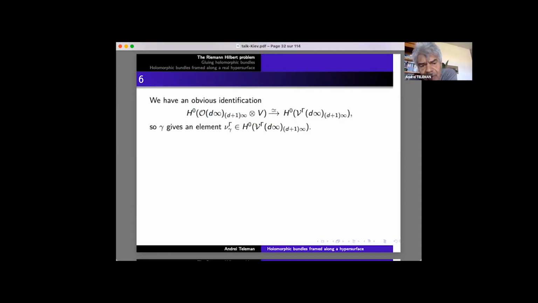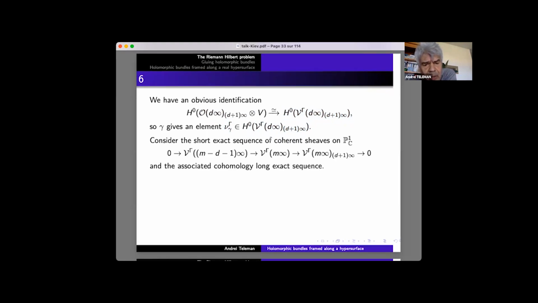So gamma, in fact, gives me an element in this sheaf, which I constructed, which I have already, that my theorem produced a locally free sheaf, which I denoted by V calligraphy gamma, and gamma gives me an element in this space of sections. Again, here what we have is a torsion, a skyscraper sheaf concentrated at infinity.